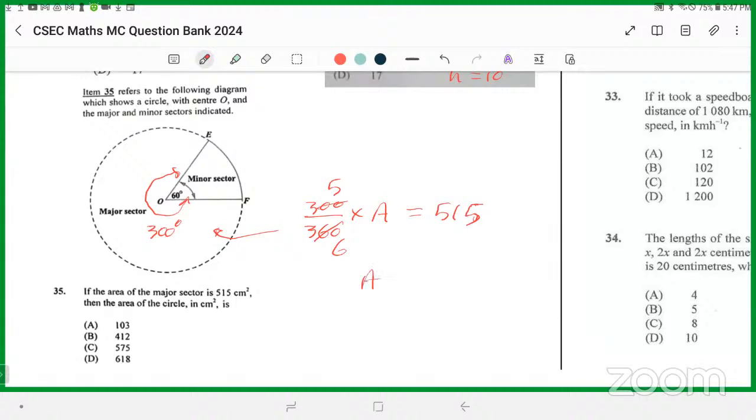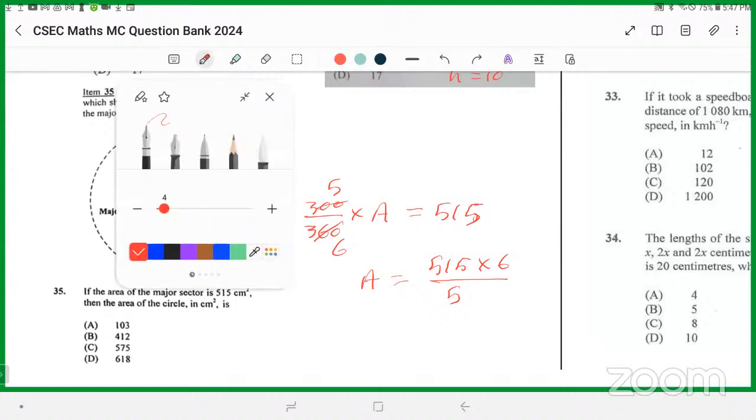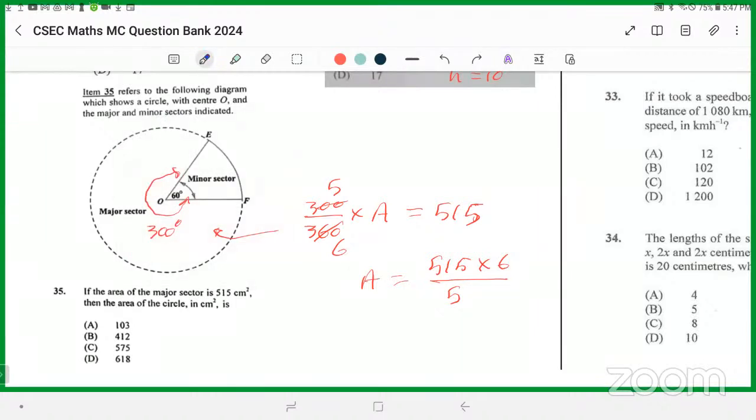So for the area, you're going to multiply up the 6 and divide by the 5. So it becomes 515 times 6 divided by 5. And then this 5 can divide into this. It becomes 103, because 5 into 500 gives 100, and 5 into 15 is 3.